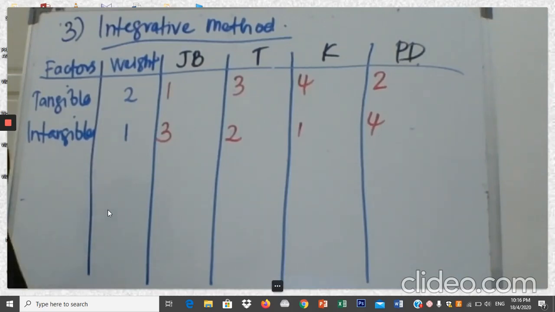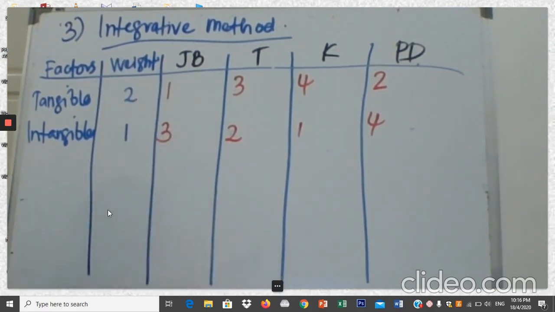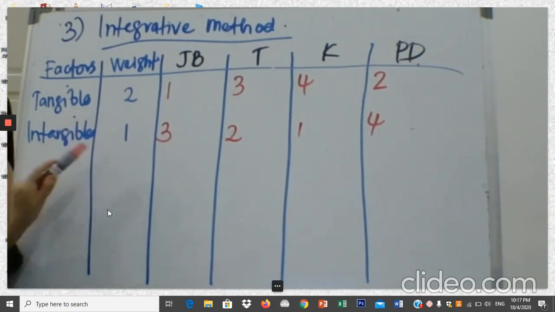Okay, next, to do further calculation, what you need to have with you is the merit. Remember, we performed the calculation for tangible and intangible factors. We calculated the total cost for tangible, total score for intangible, and right after that, we assigned the rank and also merit for these two calculations, right? Now, focus on the merit only.